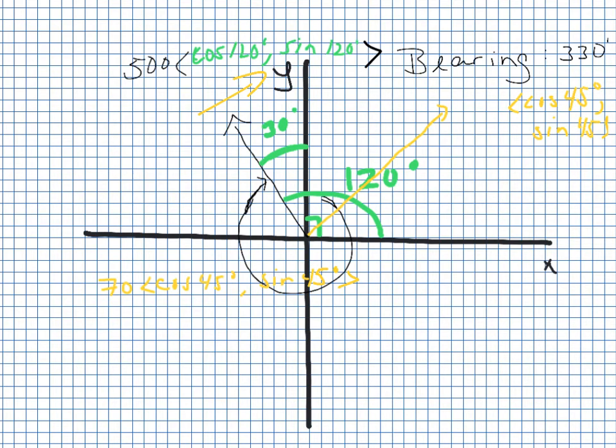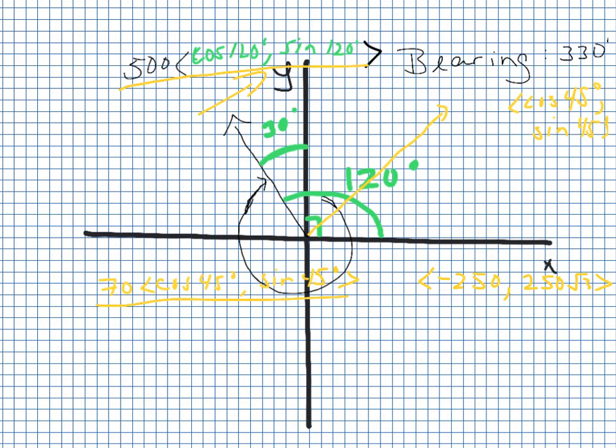So, what we have to do is we have to add our bearing of the plane to our wind. So, quite simply, I take 500 times the cosine of 120 degrees. That becomes negative 250. And take 500 times the sine of 120, which makes it positive 250 root 3.